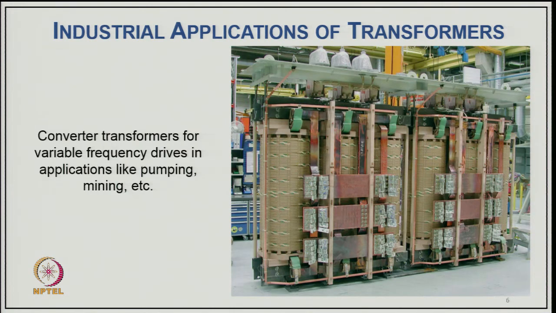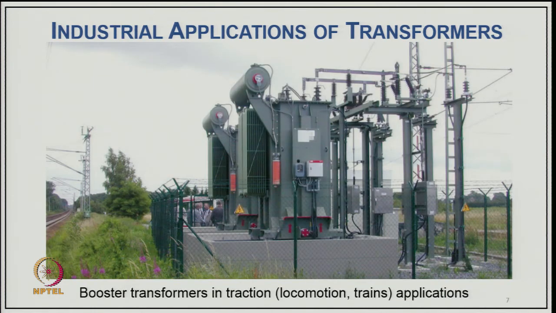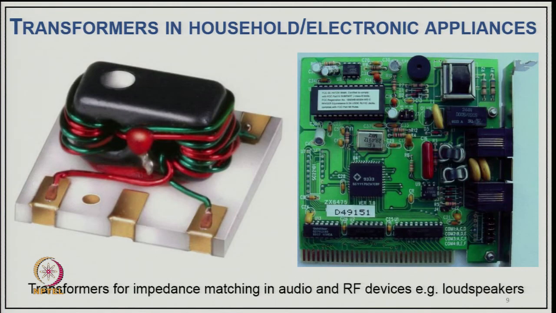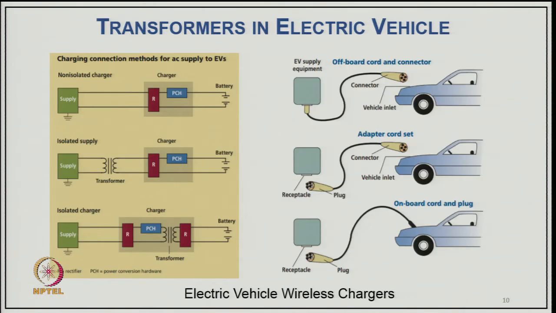Then a typical application is the converter transformer for variable frequency applications like pumping and mining for medium power applications. Then of course, the booster transformer in traction, typically locomotives and trains. Then transformers in mobile chargers as well as electronic power supplies, which are high frequency transformers for impedance matching in outdoor and radio frequency devices, especially loudspeakers, and transformers in electric vehicle charging systems, that is the electric vehicle wireless charger.